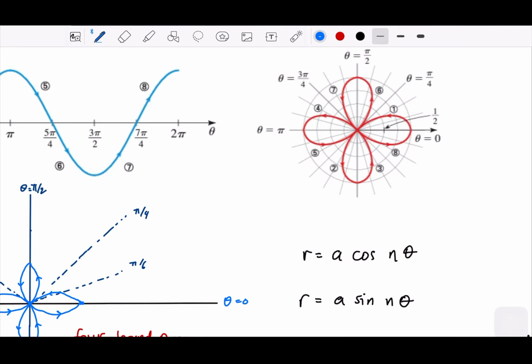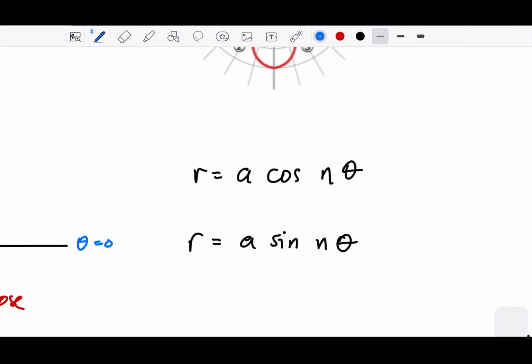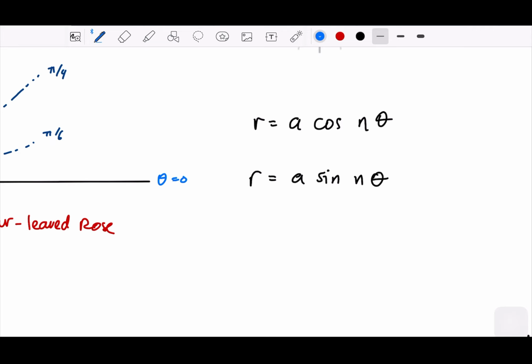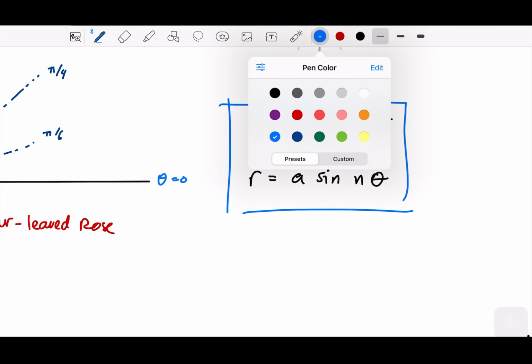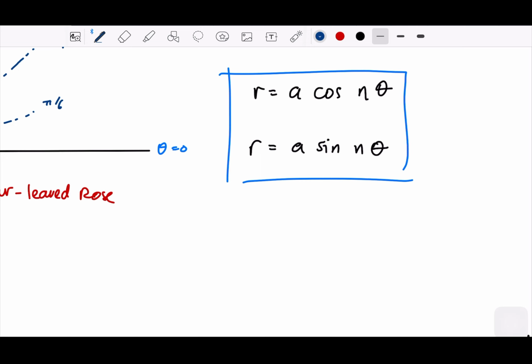But there is something that we need to keep in mind: both of these are called n-leaf roses. It depends on n. So if n is odd, the number of leaves is the same as n.